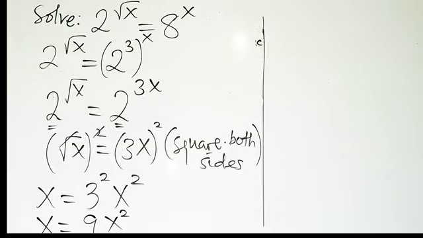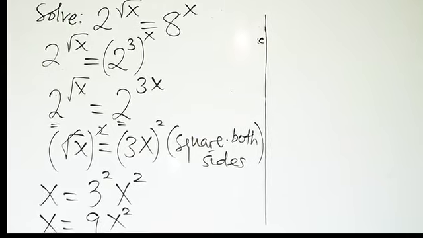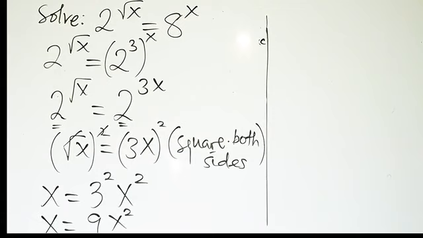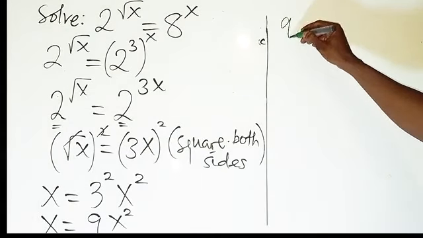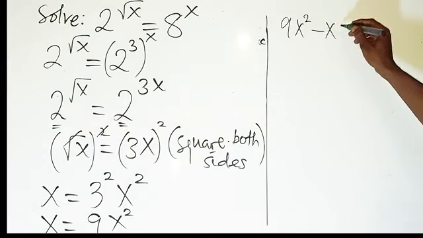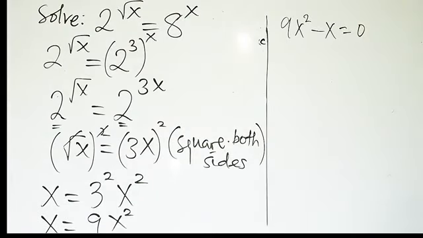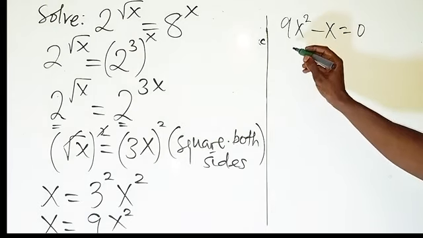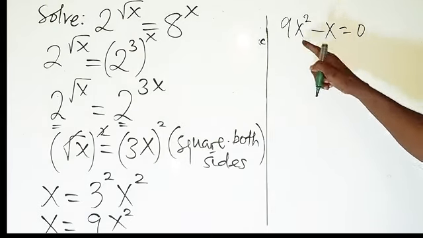So now we can rewrite this equation as 9x squared minus x equals 0. Then we try to factorize x out.